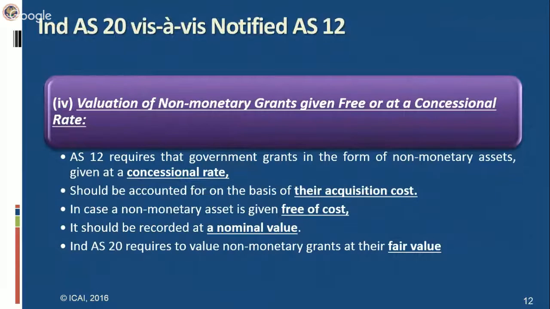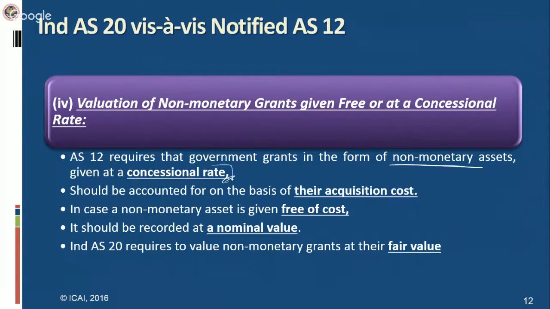The fourth difference is the valuation of non-monetary grants given free or at a concessional rate. As per AS 12, consider a government grant in the form of non-monetary assets given at a concessional rate. What is a non-monetary asset? Something which is not given in the form of money, but in the form of assets or consideration.